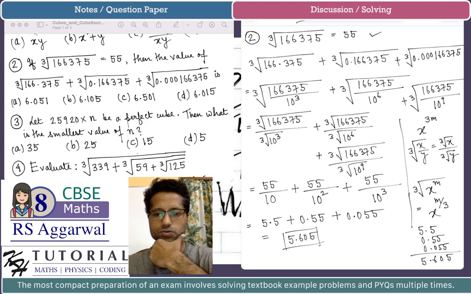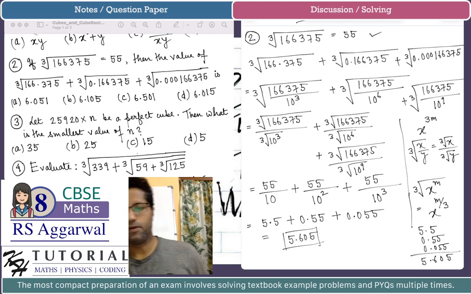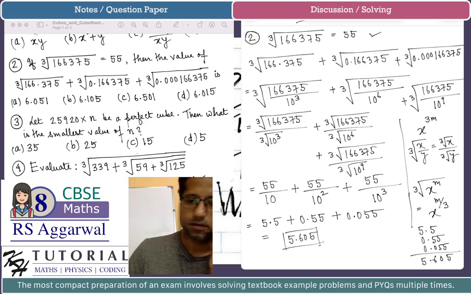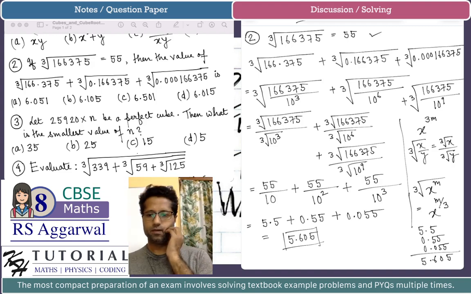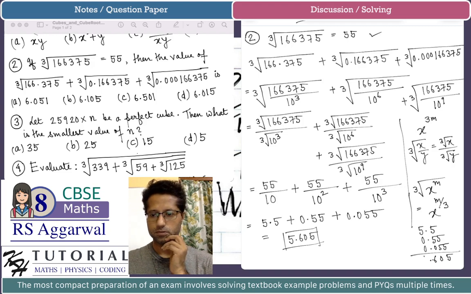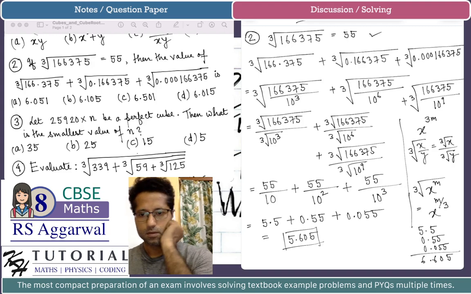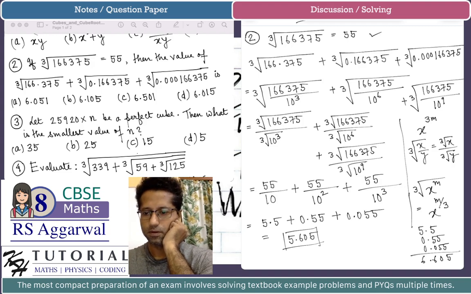Okay, so 55 by 10 is 5.5, 55 by 100 is 0.55, oh sorry, I'm making a silly mistake in calculation. The addition was wrong. Let me do it again: 5.5, 0.55 and 0.055.